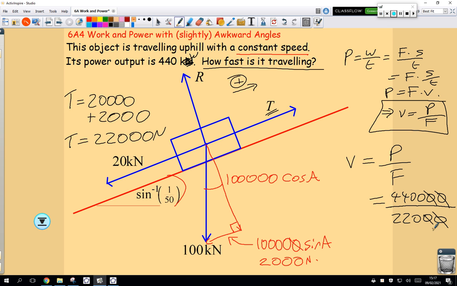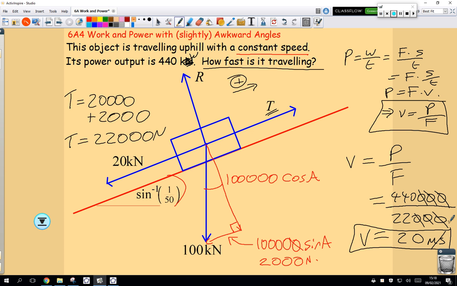So we're going to have 440 divided by 22 with a bit of cancellation. 22 goes into 44 twice. I think the velocity is going to be 20 meters per second in this case.